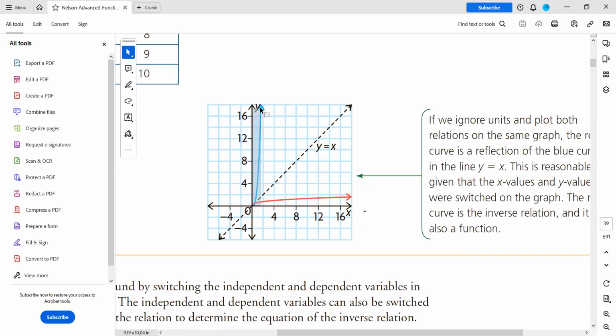Basically, what the blue function says to us is that the volume grows very fast as the radius increases, right? Volume grows fast with the radius. And the red function tells us that the radius increases slowly as the volume grows. Make sense?